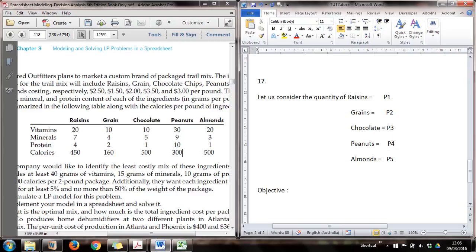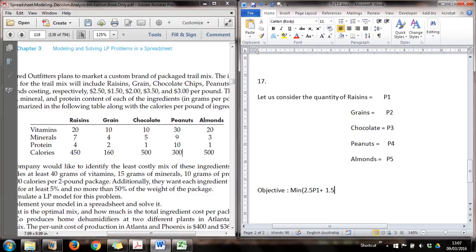Our objective is to minimize cost. Minimize cost, that is 2.5 P1 plus, if we use P1 quantities of raisins, it's going to cost us $2.5 per pound. So the cost of using P1 pounds would be 2.5 P1.